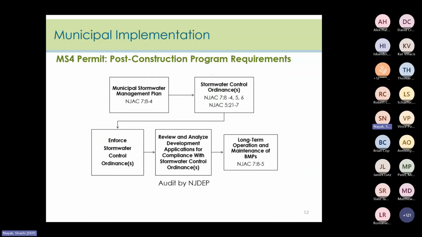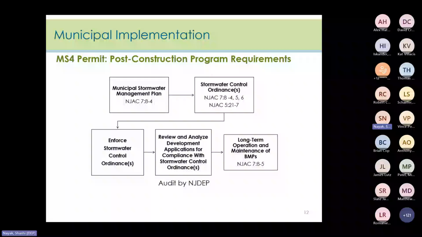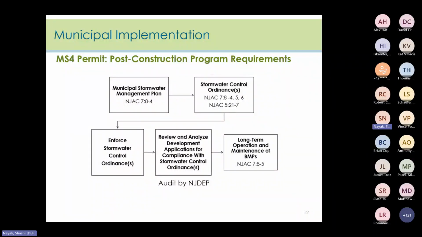The Stormwater Management Rule amendments adopted on March 2nd, 2020 had a delayed operative date of 1 year so that the municipalities could update the SCOs to match the rule amendments by March 2021.